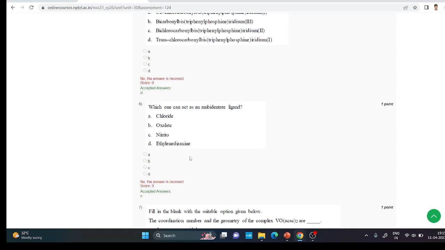Basically nitro N and nitro O are the two types, either one. But in this option nitrito is already written. So nitrito is not an ambidentate ligand. That's what they might be saying. But I think the correct option should be C only. Even though I also wrote the same, they marked it wrong.